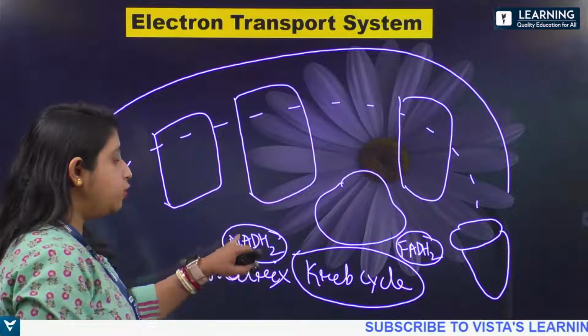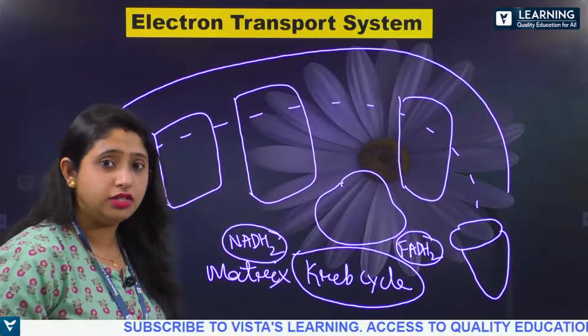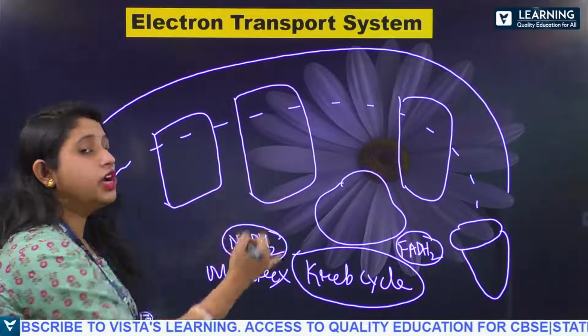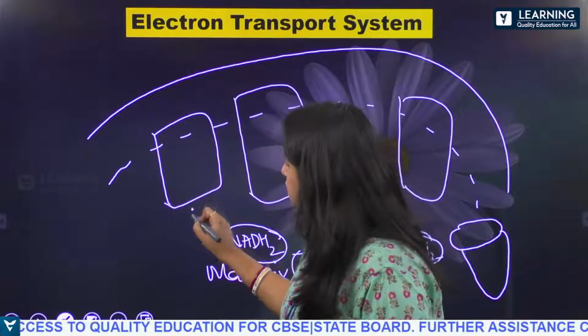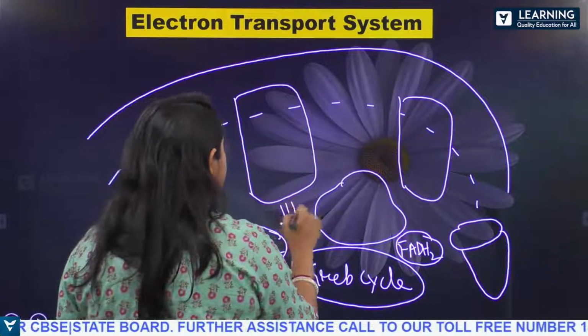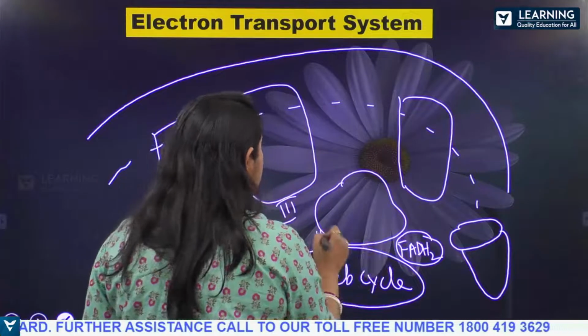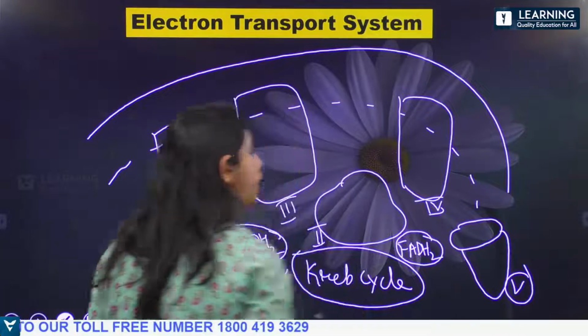Further, these molecules get excited and the electrons will be transported through these various complexes. So this is complex number 1, this is complex number 3, this is complex number 2, this is complex number 4, and this is complex number 5.